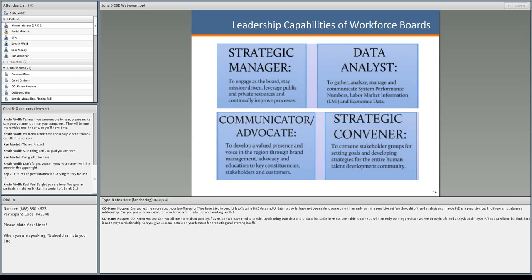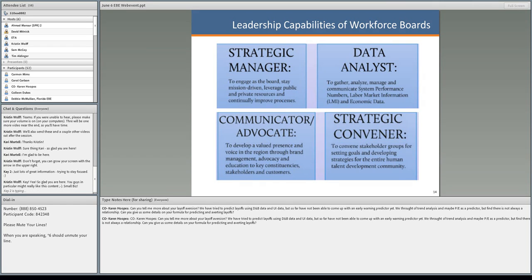You can see that strategic management, data analysis, communications, advocacy, engagement, and then strategic convening are the 4 areas that our research landed on. I think you'll particularly see how Just Add One underscores those bottom 2, the communications and strategic convening. I'm going to talk about how Just Add One really drives home those ideas.